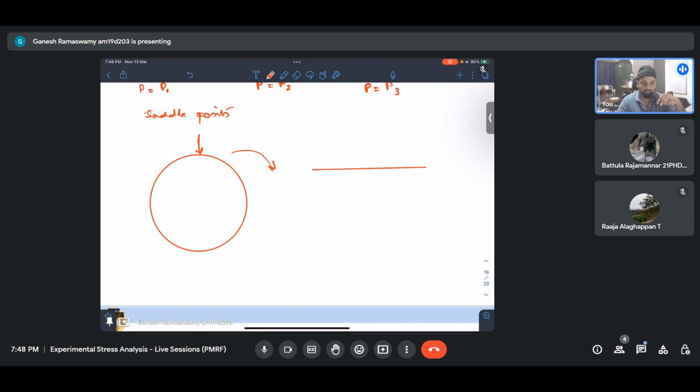So what we see is, even if we apply a point load, it has an elliptical distribution like this, with the maximum pressure getting applied at the middle, and it dies down within a span of say 2a, where a is nothing but the semi-contact length. This comes from Hertz's theory. So in such a case, what we will be able to see is the fringes would look something like that.